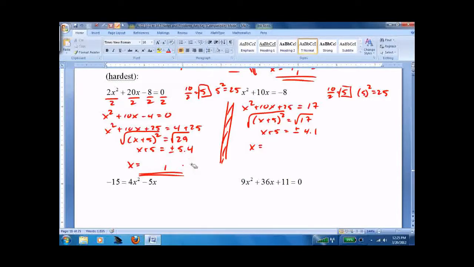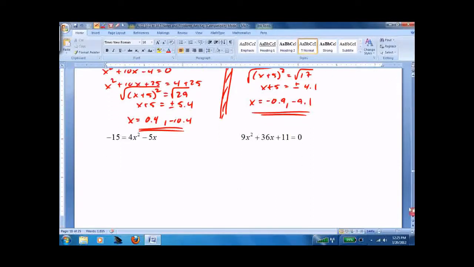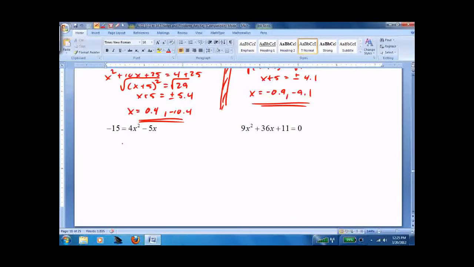I definitely blew it here before. Try again. This is what I get for not writing things out. That looks better. And this one's a mess.